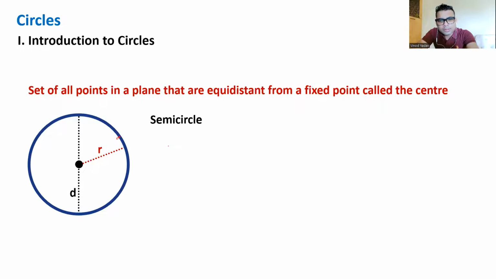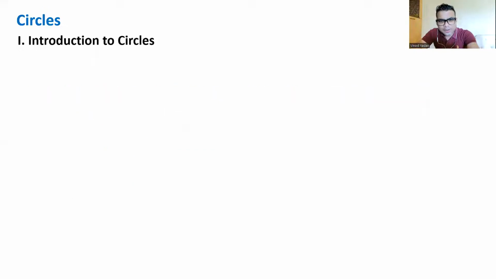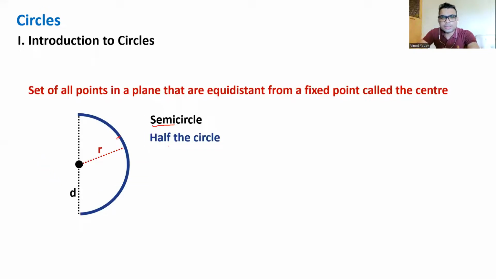Then semicircle. The prefix semi you have already seen, as in perimeter and semi perimeter. It means half, so half the circle. In the case of a semicircle, the curved portion is exactly half of the full circle, so half of 2 pi r, which is pi r.